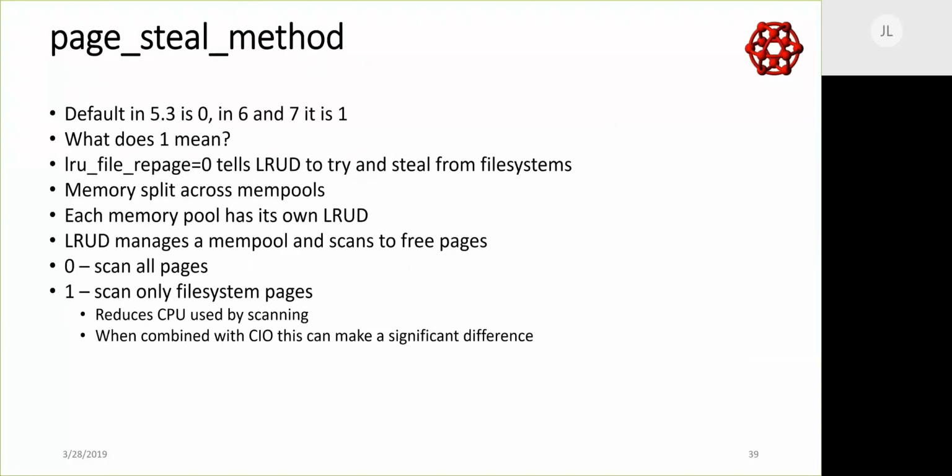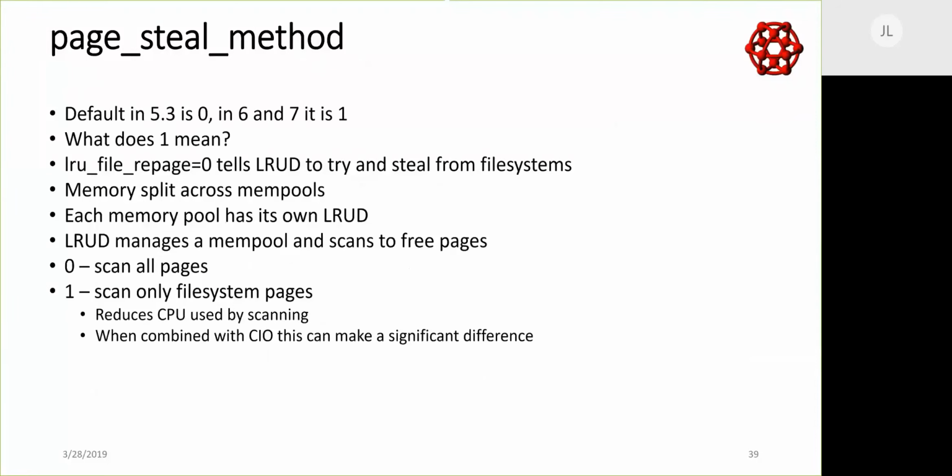So we set LRU file repage to 0, basically telling the LRU daemon to pretty much try and steal from file systems. Now, one of the things that happens in the system is that when you bring it up, your memory is divided into memory pools. There were some bugs early on with that, but now most of those have gone away.